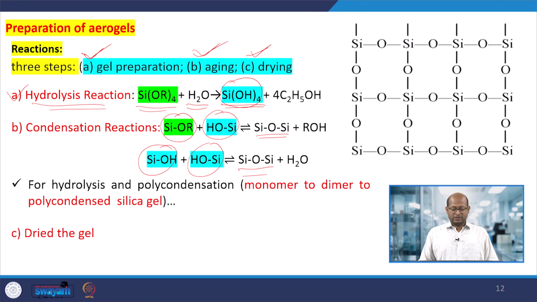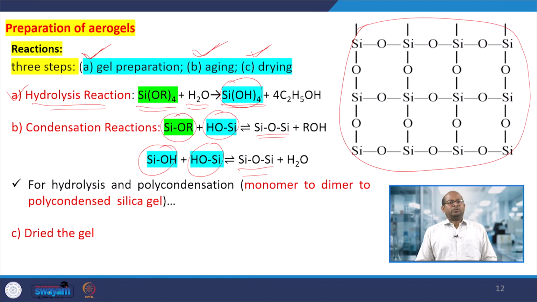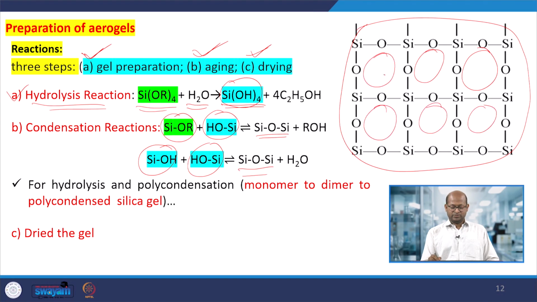So silica-oxygen-silica frameworks may form by hydrolysis and polycondensation methods. Monomers go to dimers, then polycondensation, then silica gel formation. In these gels this type of framework or structure is formed.